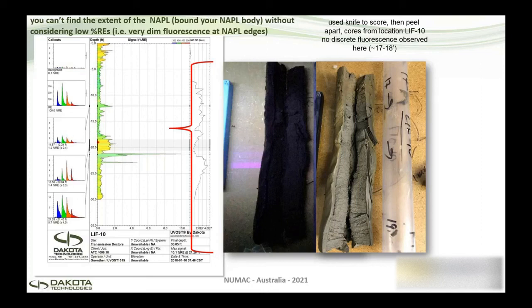This looks like clay or highly weathered NAPL to me. It's the classic trident with short lifetimes. But these little green guys sticking out, they have the hallmarks of NAPL. And the client who I was doing this with wasn't convinced of my interpretation, so I told him to send me some cores. So the core from up here was blank when I split it and looked with a UV lamp.